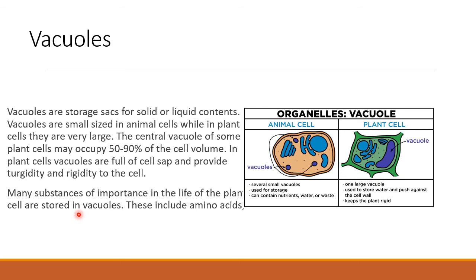The volume of the vacuole increases. If the volume increases, it is going to occupy more space and push the cytoplasm against the wall. As a result, a pressure will be created on the wall, and that pressure is called turgor.